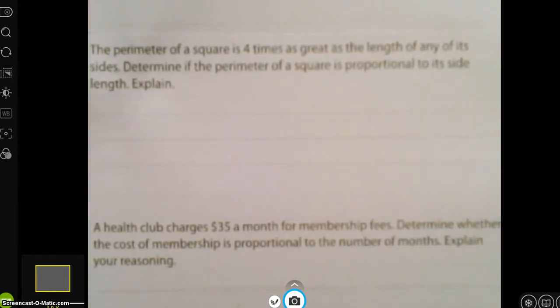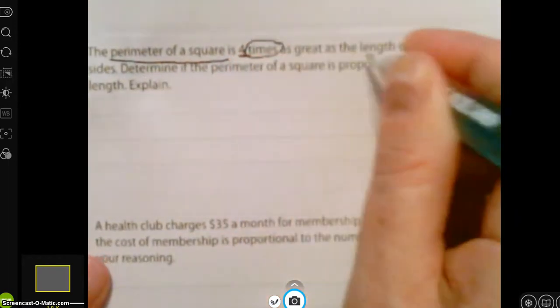So when we start learning how to write equations, I generally like to mark on my problems. We're talking about the perimeter of a square, and they're saying that it is 4 times as great as the length of any side.